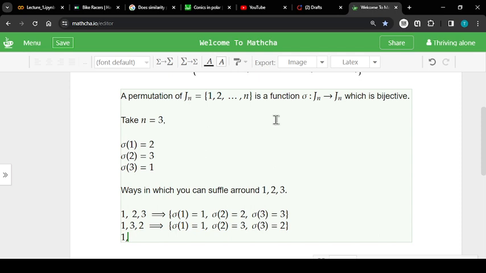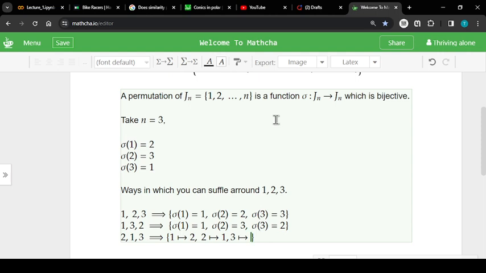Similarly, you will have 2, 1, 3. That's another function, and you should get familiar with this notation as well. It maps 1 to 2, because the first position is given to 2, and the second position is given to 1, so it maps 2 to 1.